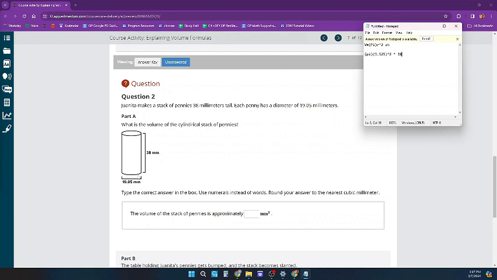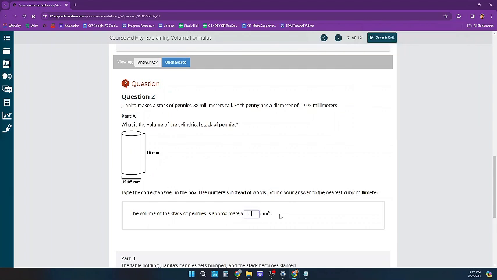So if we multiply all that, let's see what we get. That seems to be quite a large number. But rounding to the nearest whole millimeter, that is going to be 10,831.